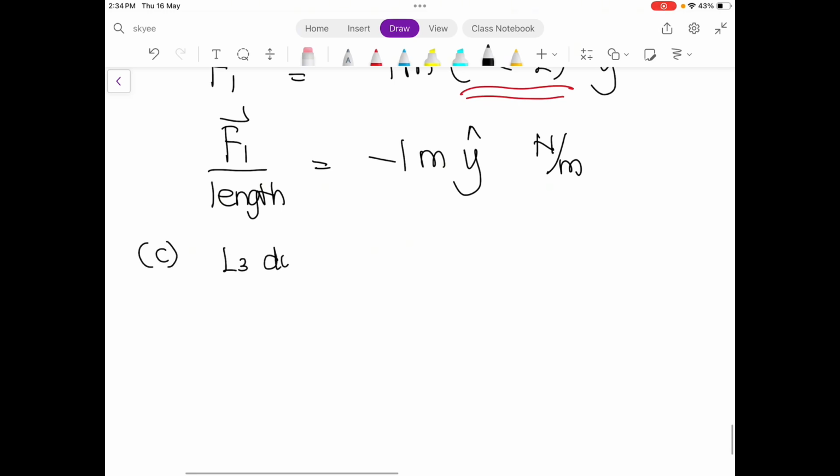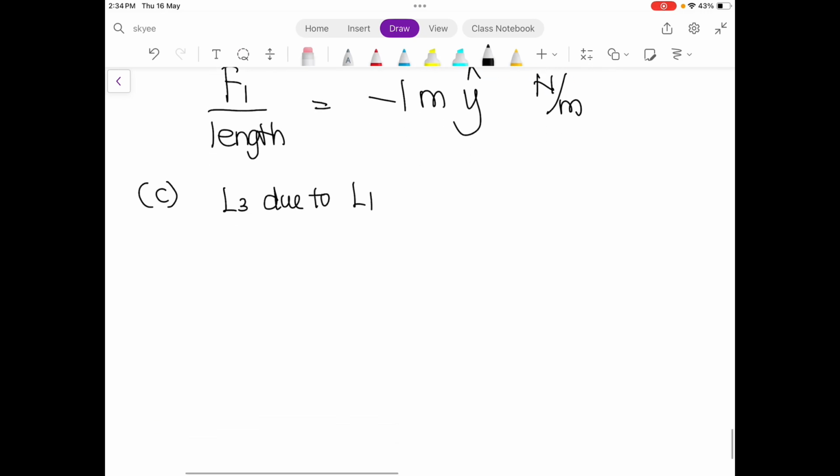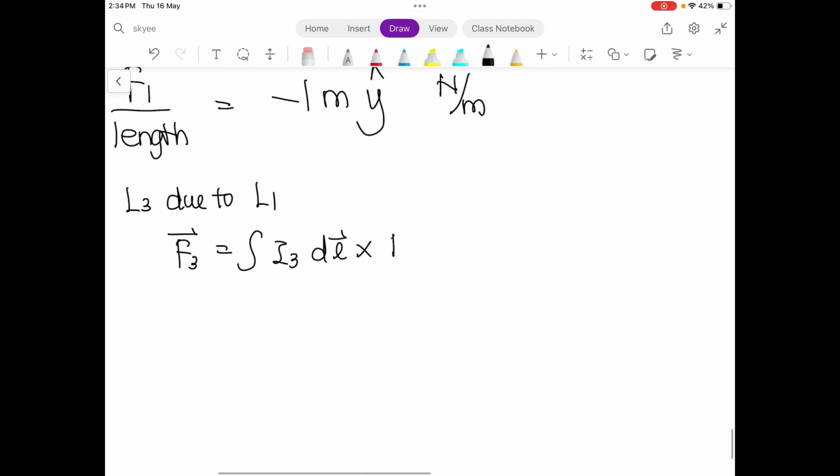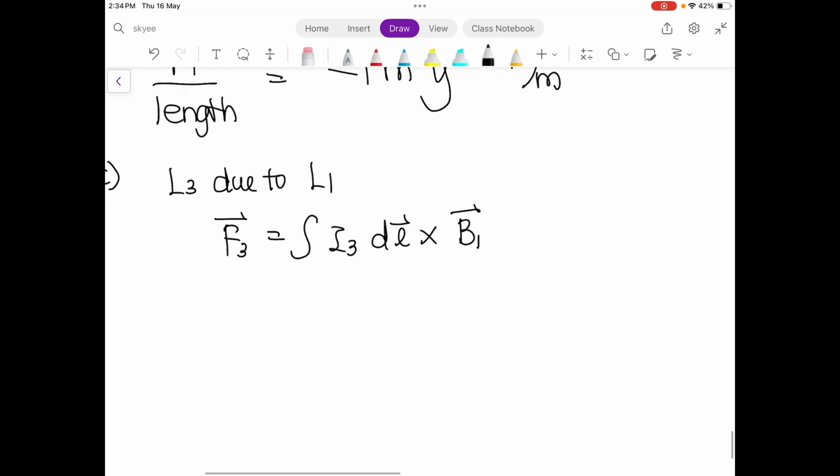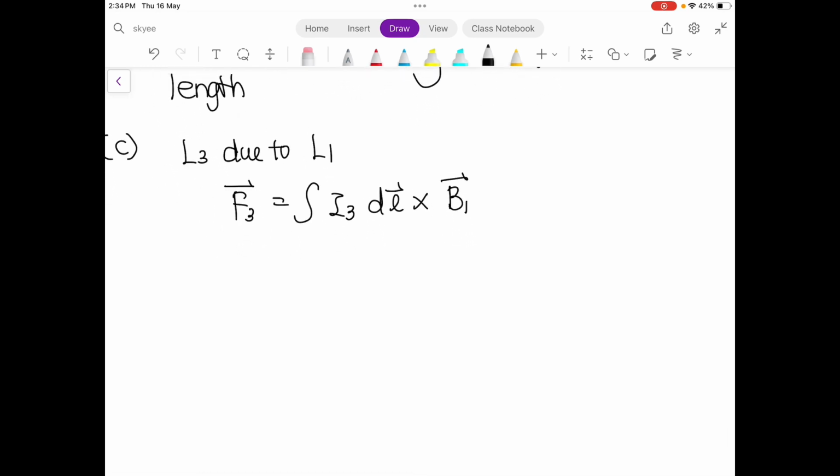So now we want to find the force acting on L3, which is I3, because of the magnetic field produced by I1. I1 produces B1.